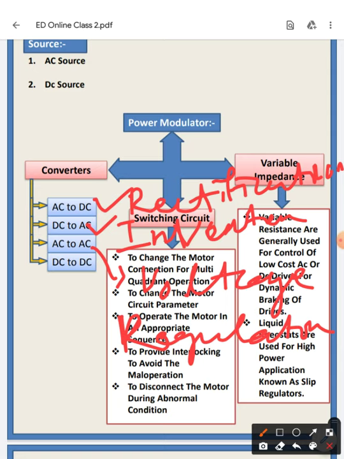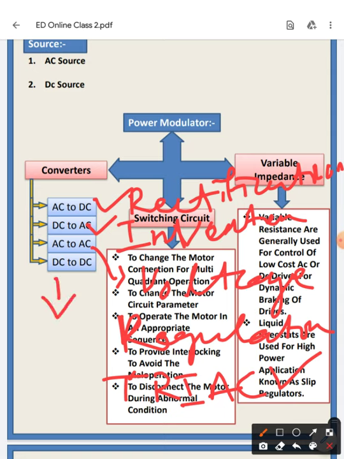Last class we discussed what a voltage regulator is. A TRIAC chip is available in the market, which is the best example. The household electronic fan regulator is the best example of a TRIAC or an AC to AC drive system.